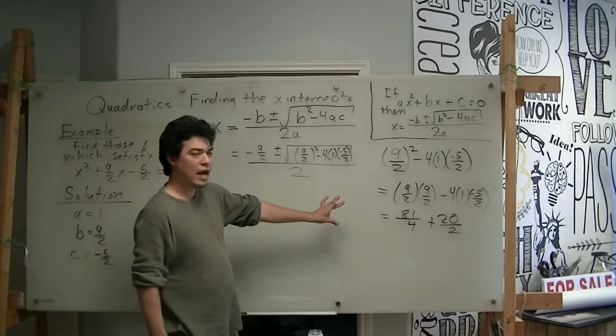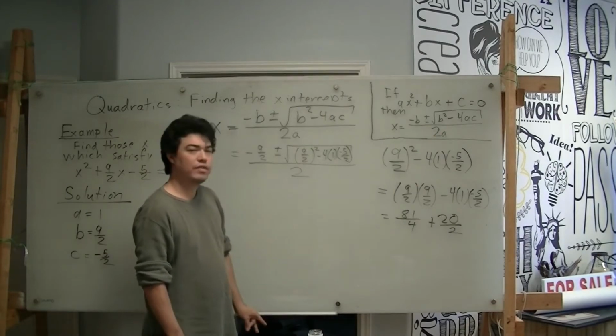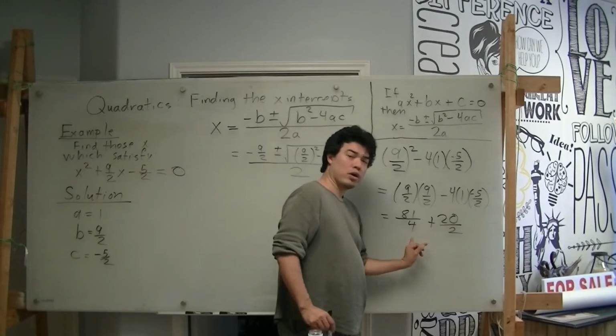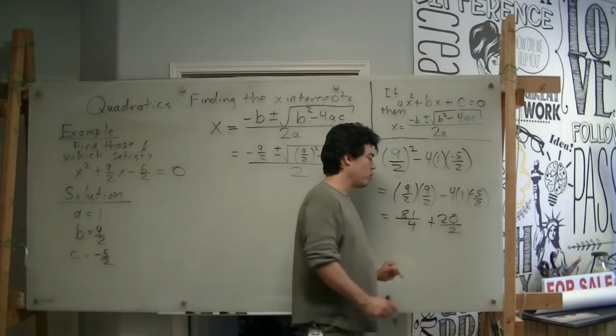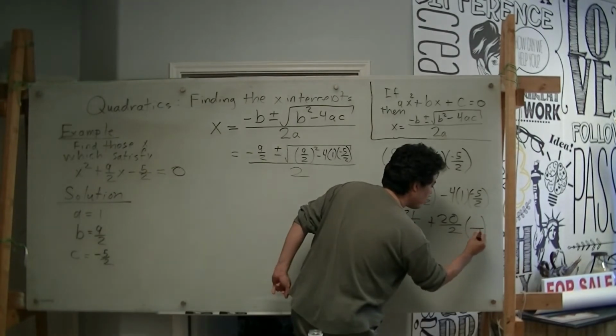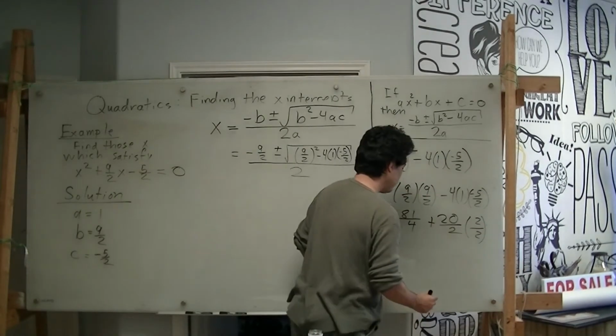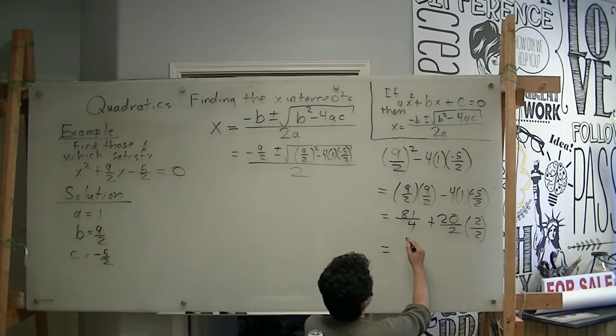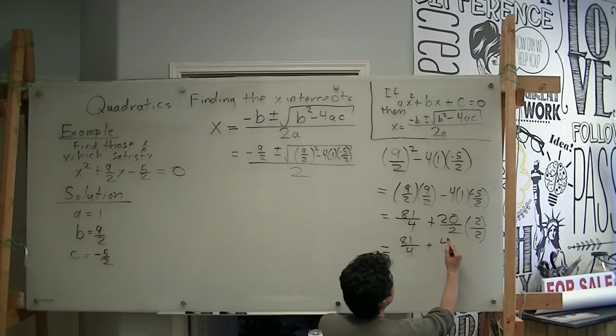And now we're adding two fractions with a different denominator. But we can see that 4 is 2 times 2. So what we're going to do here is we're going to multiply this fraction by 2/2. And that gives us 81/4 plus 40/4.